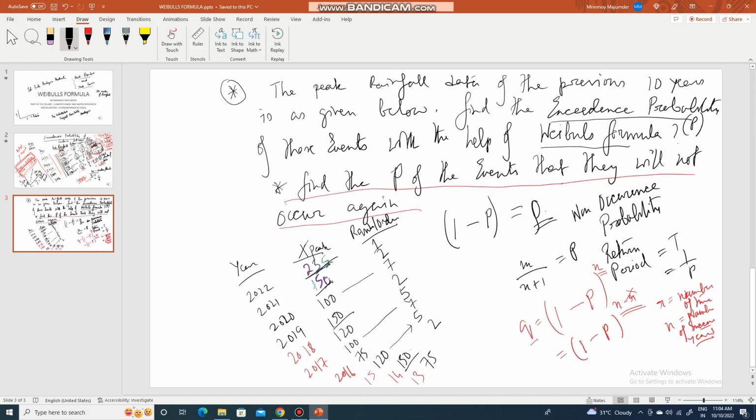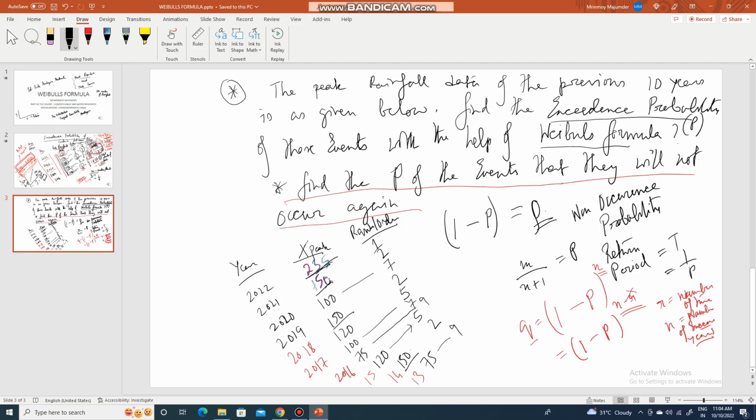Now this 75 is there, right? After 100 the next highest event is 75. So with 7 and 8 taken, this one will be 9 and this one will be 9. Okay, so these are the positions.